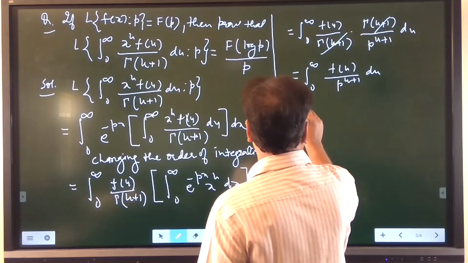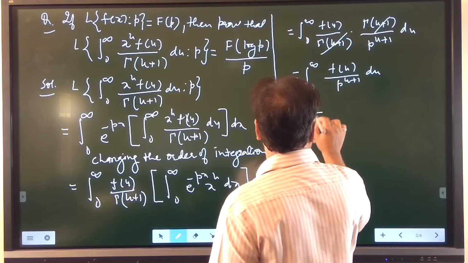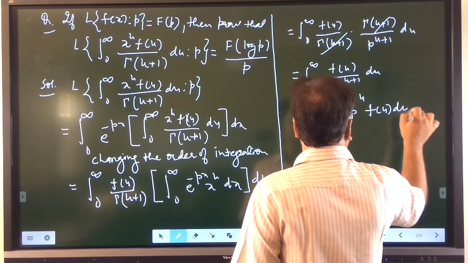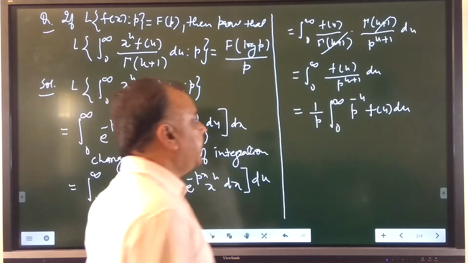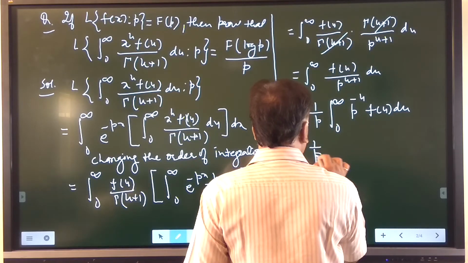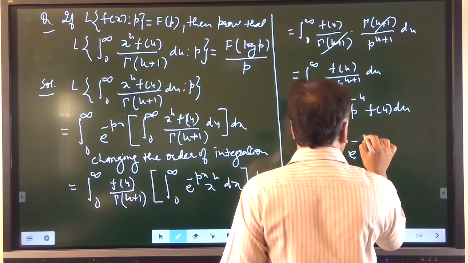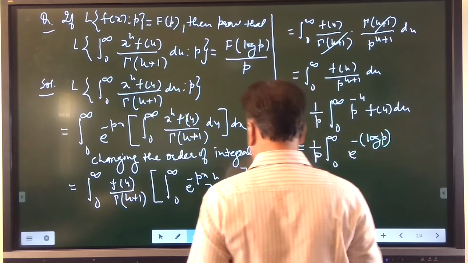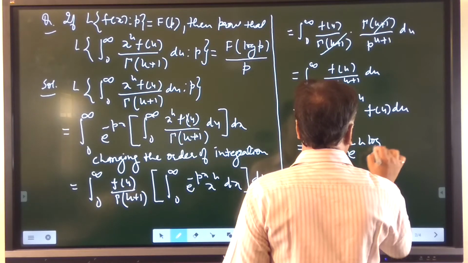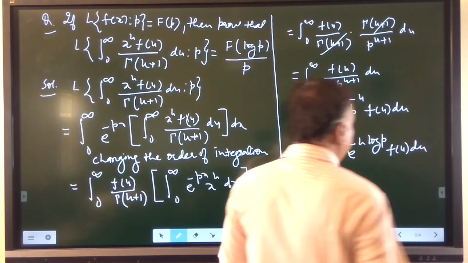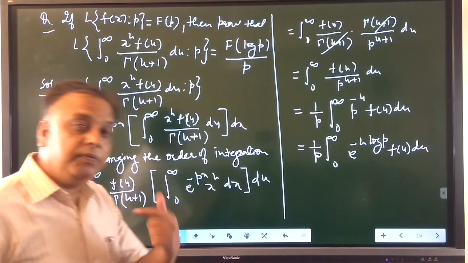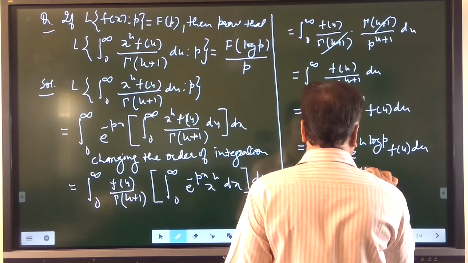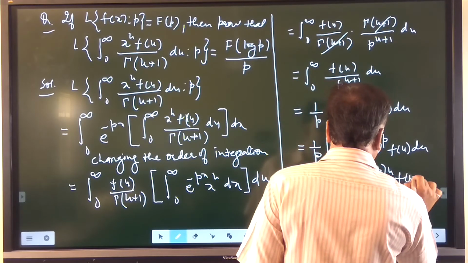If we simplify this, we get 1 upon p times the integral from 0 to infinity of p raised to minus u f of u du. If we write p raised to minus u as e raised to minus u log p, we get 1 upon p integral 0 to infinity e raised to minus log p into u, f of u du.